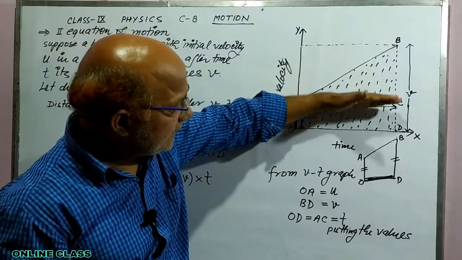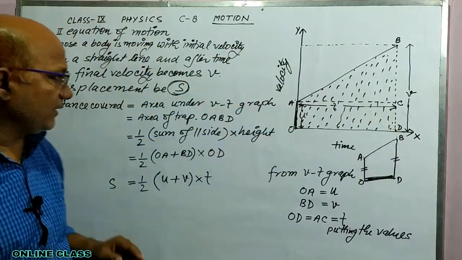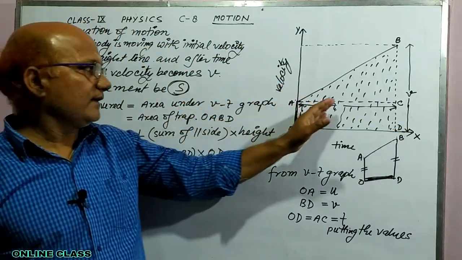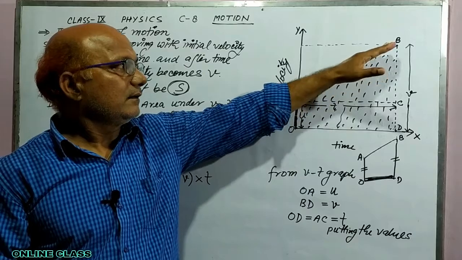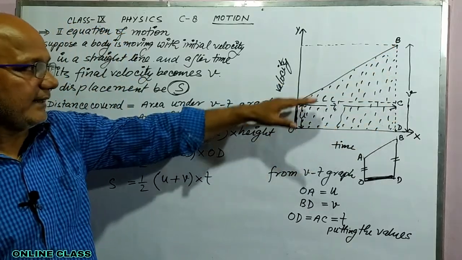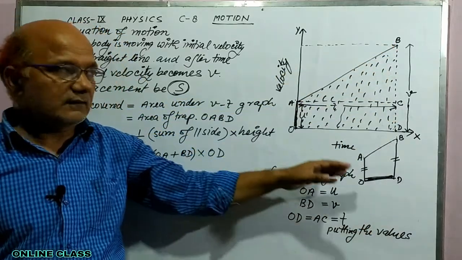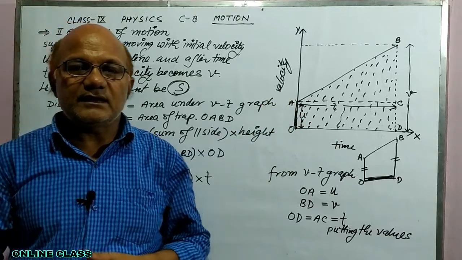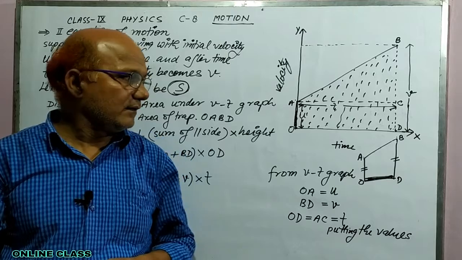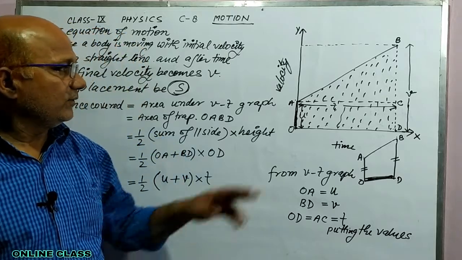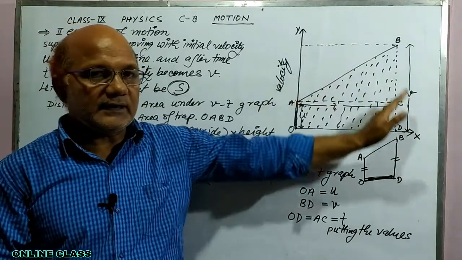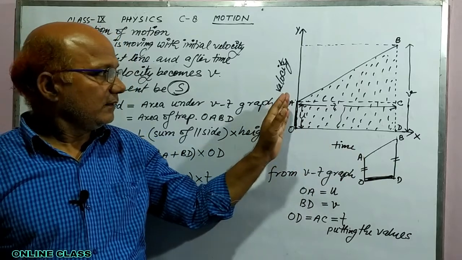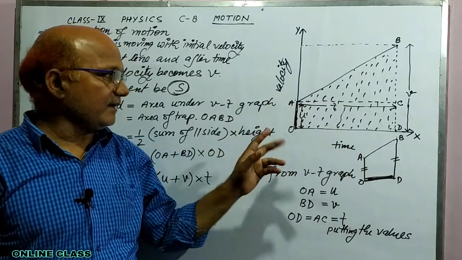As you can see, the area which is shaded is just like a trapezium. You have studied trapezium in earlier classes. So this shaded portion looks like a trapezium.